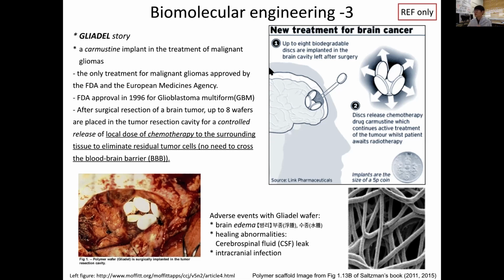So here's a schematic of how to do it. Up to 8 biodegradable discs are implanted in the brain cavity after the surgery. And these discs release the chemotherapy drug, carmustine, which continues the active treatment of the tumor while patients await radiotherapy.